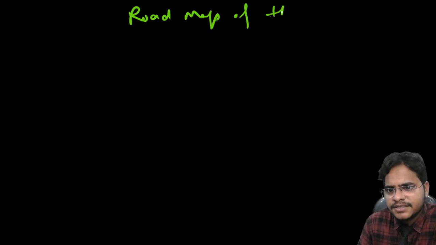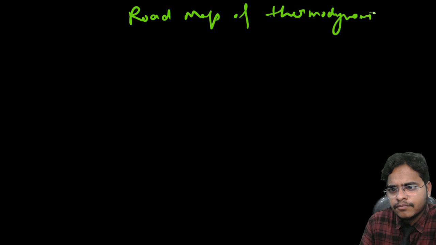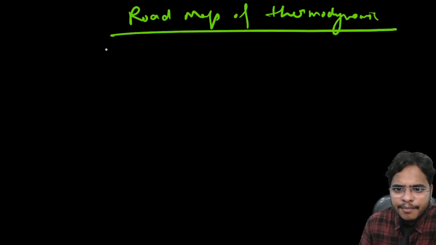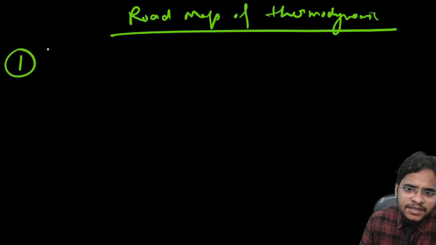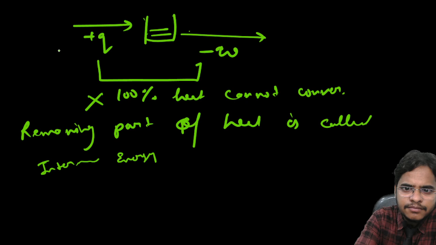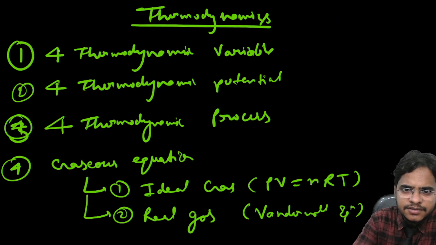So, we have to make some roadmap of thermodynamics in our brain, which means we have to remember the key points. Just explain this.